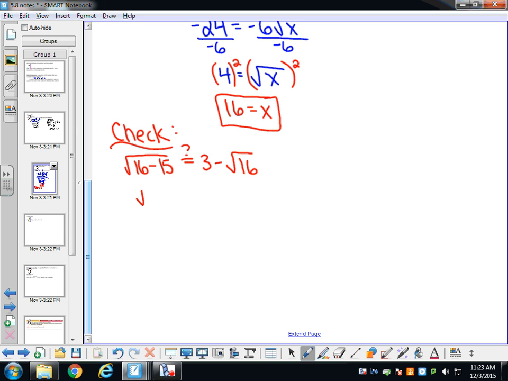The square root of 16 minus 15 is 1, so I get 1 on the left-hand side. Then I get 3 minus 4 on the right-hand side. So 1 does not equal negative 1, which means my solution is not a true answer, which means that this problem has no solution.